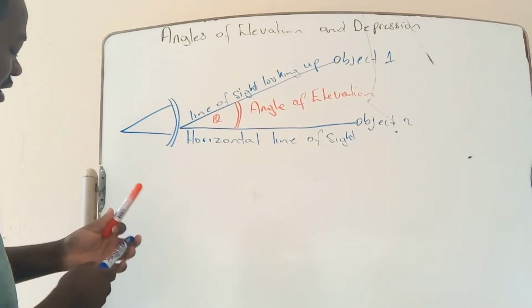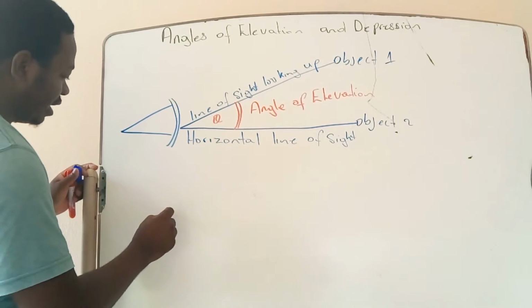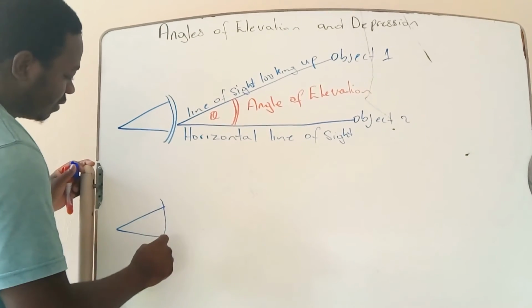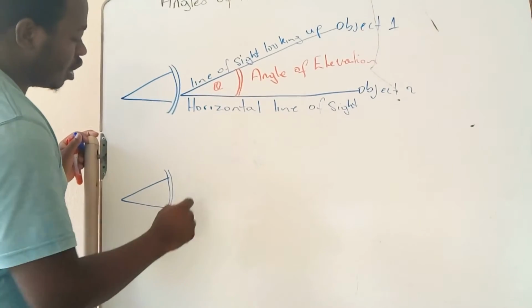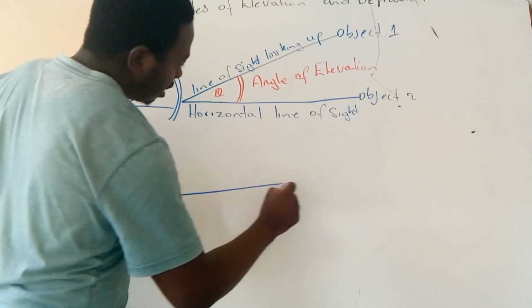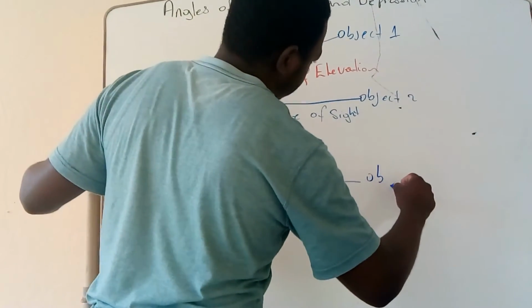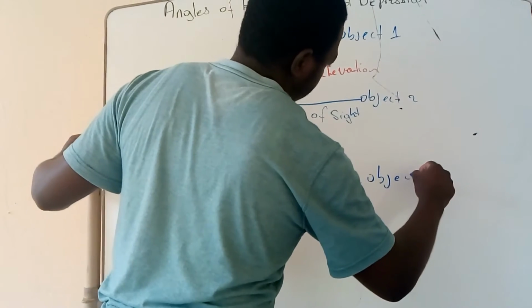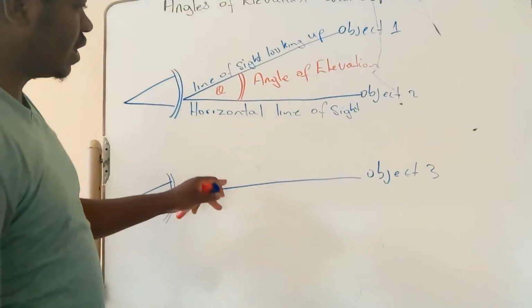Let's say that you have another eye, right? Have another eye. And this time you're looking straight ahead at object number 3. Right? What is this line called?